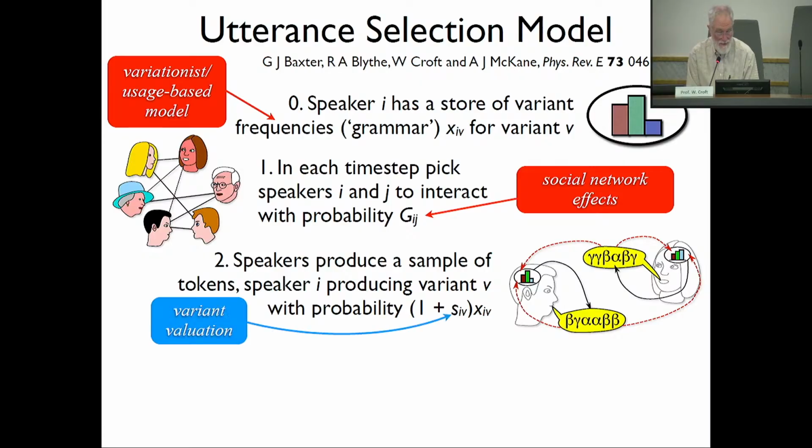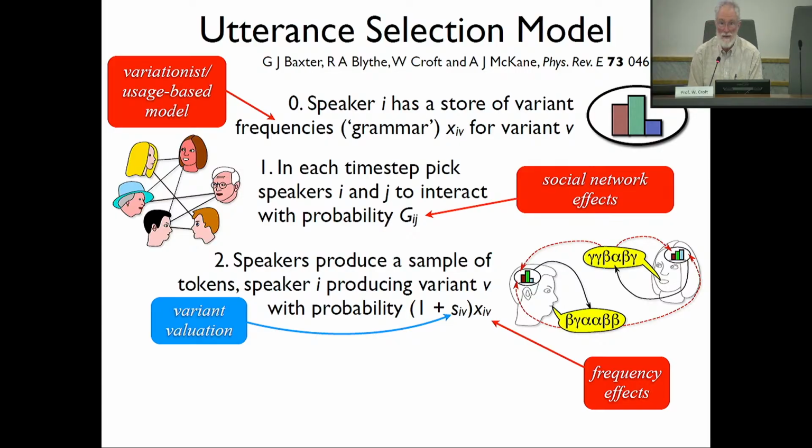So that's our variant valuation. The basic thing is basic neutral evolution. One of the fundamental results about neutral evolution is that it basically causes the frequency effects of language change that people like Joan Bybee and Martin Haspelmath and many other people have argued for.